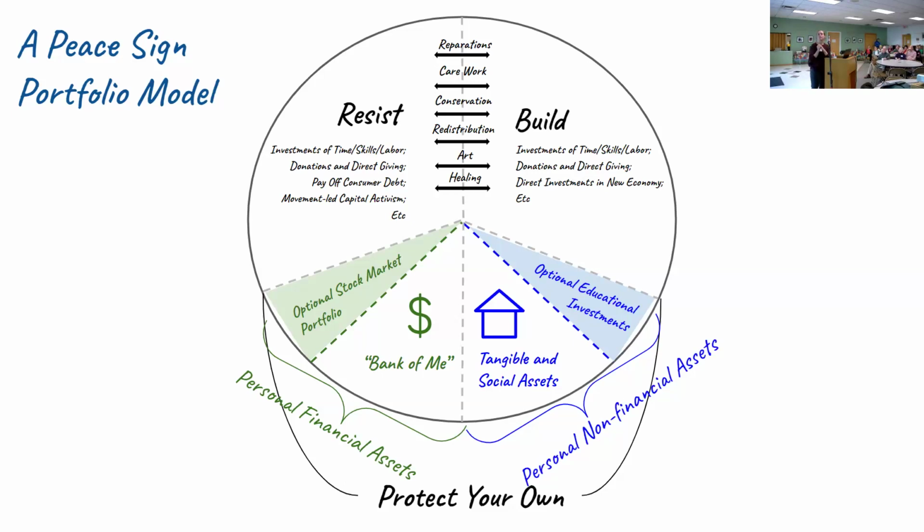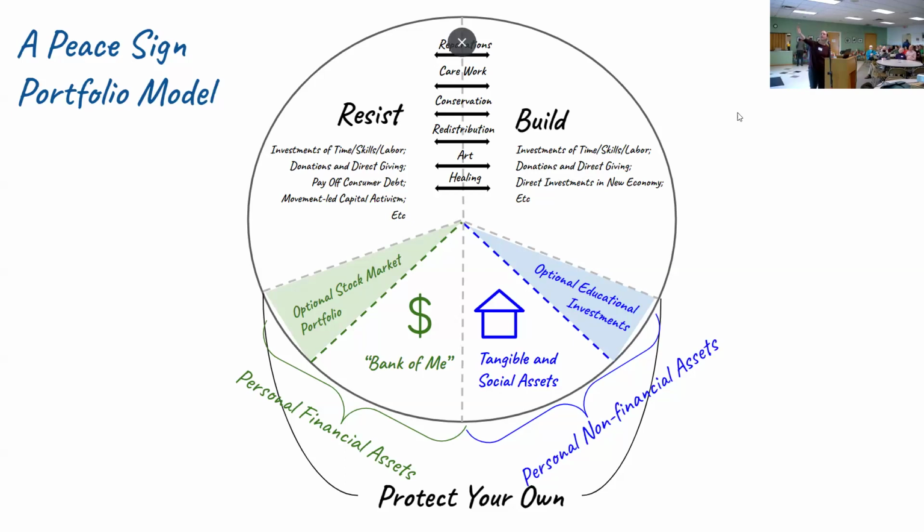But sometimes this can get confused for people today, because you can't invest with a financial return for yourself in something that you're trying to divest from. So just because it's a good strategy doesn't mean it's necessarily a personal investment strategy. Of course, we can talk about that more. You can try to stay out of fossil fuels or whatever, but as a true resistance strategy, it's just one small piece of the pie, in my opinion, of a more holistic way of thinking about how we are investing in the bad of our current system.